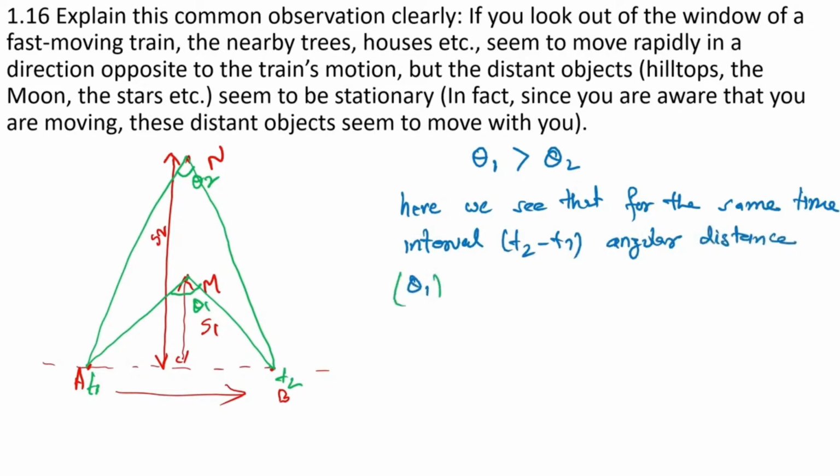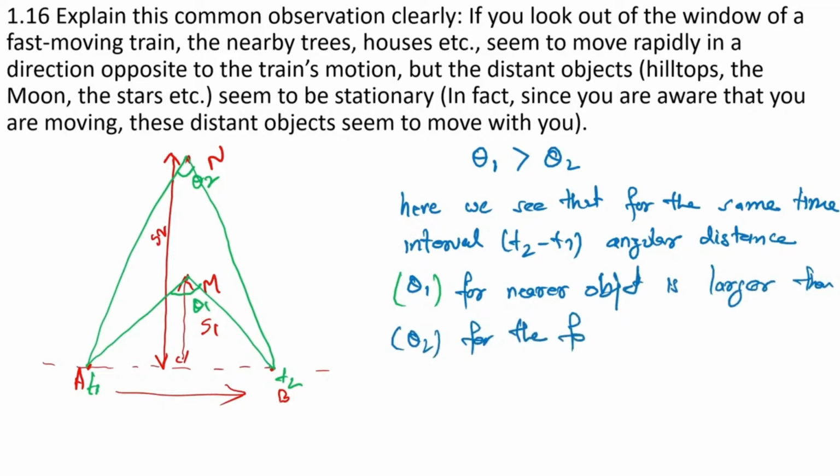In the same time interval t2 minus t1, the angular distance theta 1 for the nearer object is larger as compared to that of the farther object.